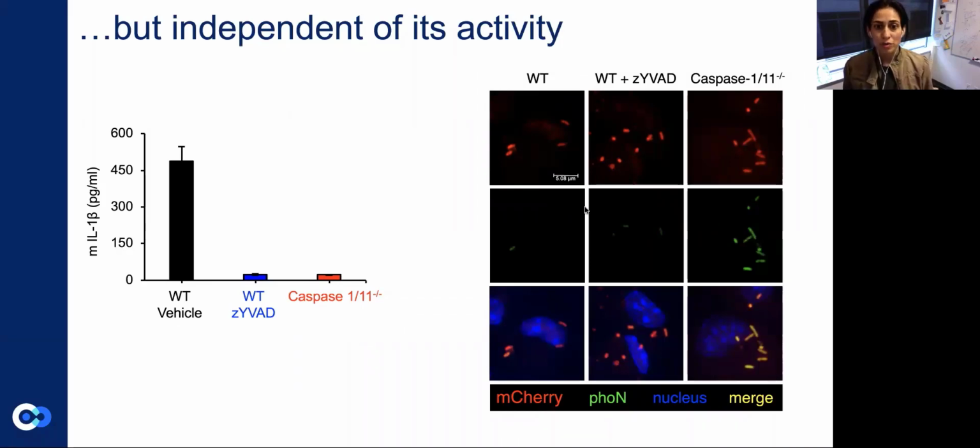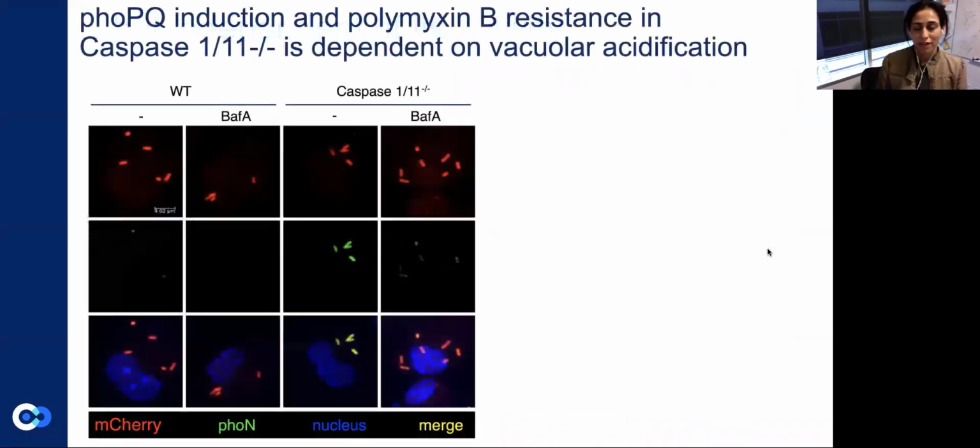But regardless of whether or not you inhibit caspase-1 activity, this does not change in the wild type environment. And so it appears that this phenotype that we're seeing of higher 4p4q induction is dependent on caspase-1, but independent of caspase-1 activity.